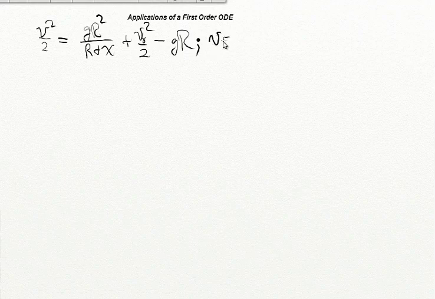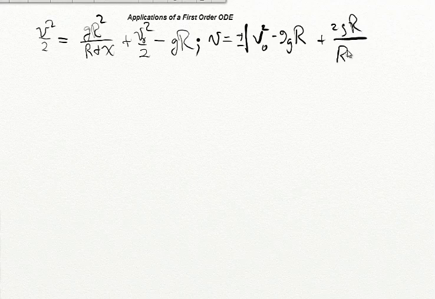And so we get v equals plus or minus the square root of the quantity v0 squared minus 2gr plus 2gr divided by (r plus x). And of course, since the projectile is moving up, we have to take the plus sign.